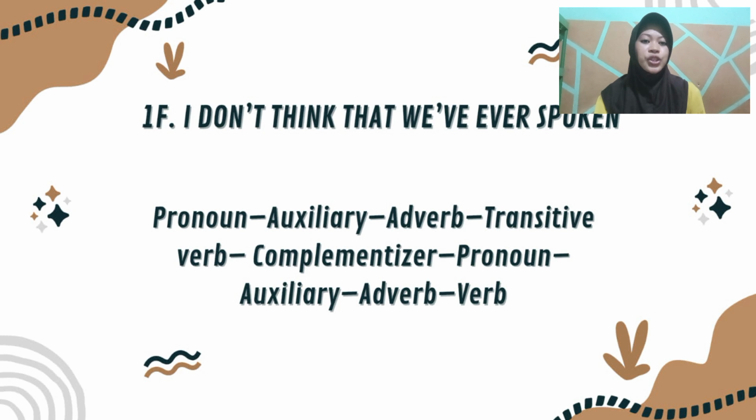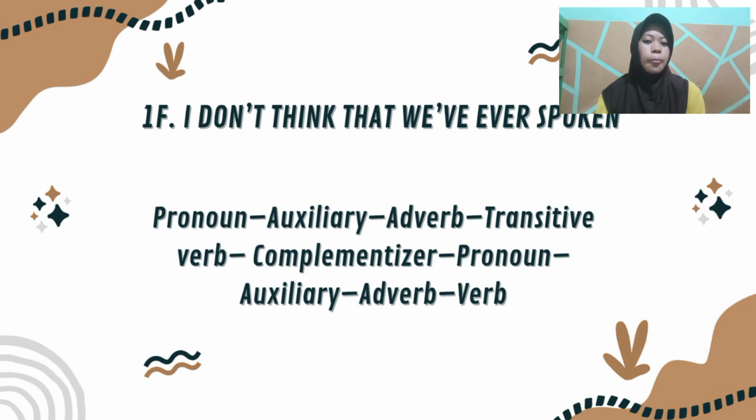For tree structure, now I will explain the tree structure of this sentence. As we can see in the picture, the structure begins with S, which stands for sentence, as the root of the tree.